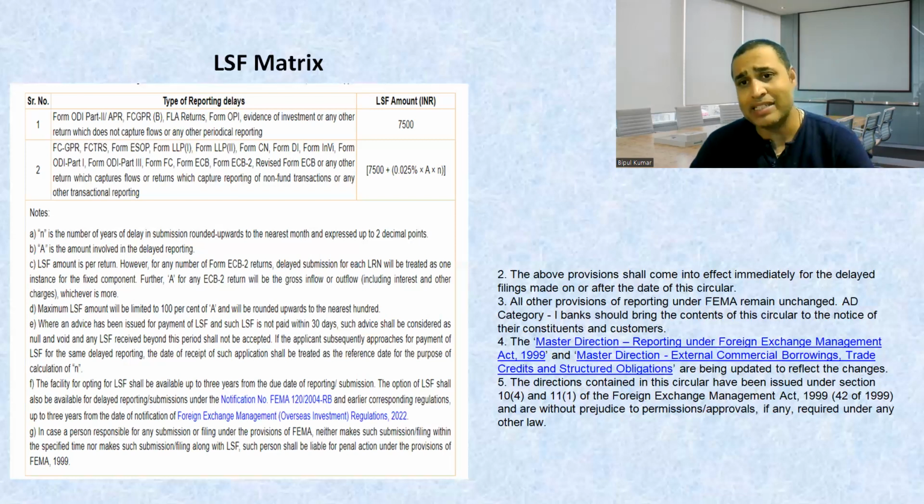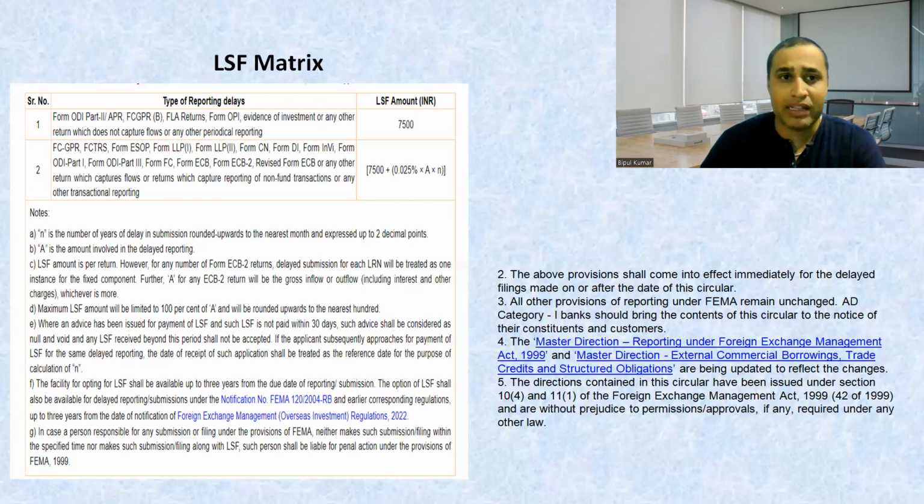In that case, the late submission fee is 7,500 plus 0.025% of the amount involved in the delayed reporting, for the number of years of delay in submission.